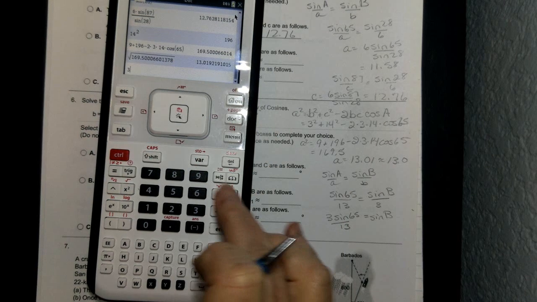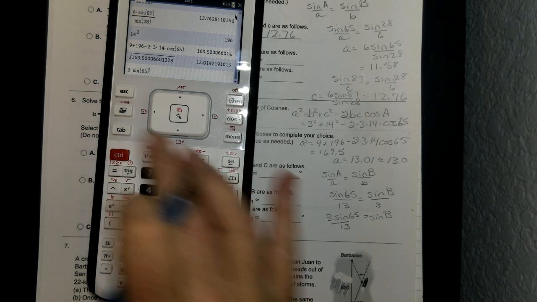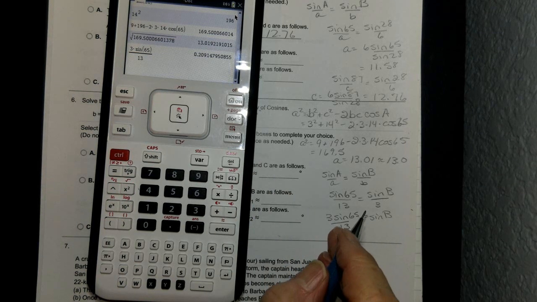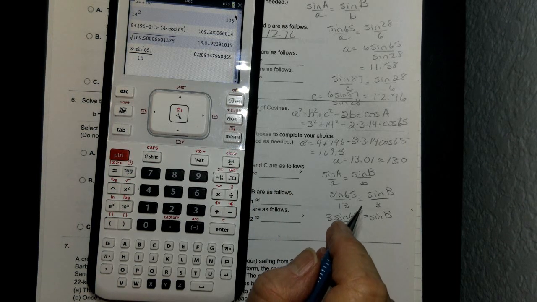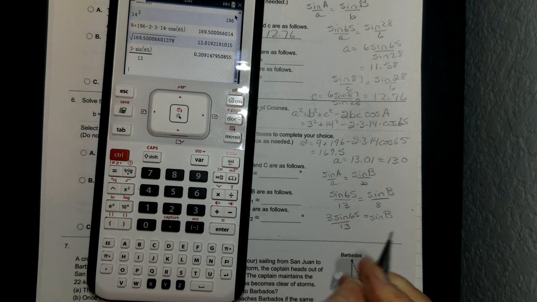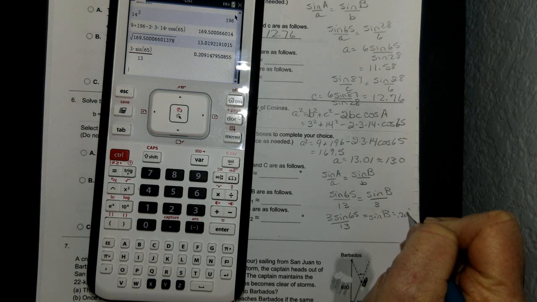So 3 times sine 65 divided by 13. Okay, so then this is the sine of B, which is 0.209.